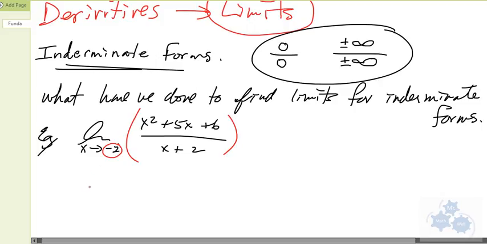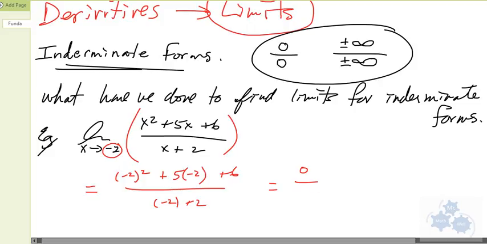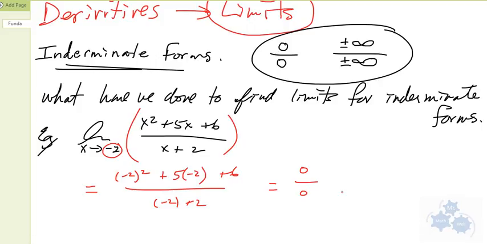If you plug in negative 2, you get negative 2 squared plus 5 times negative 2 plus 6 all over negative 2 plus 2, which is 4 minus 10 plus 6, which is 0, divided by negative 2 plus 2, which is 0. So here's an example where if you plug your value in, you get 0 over 0, right?